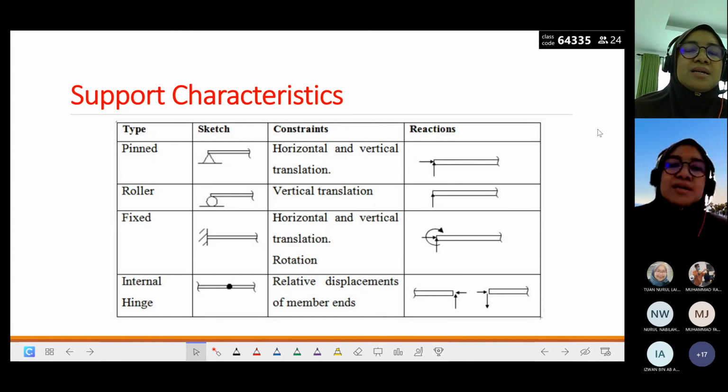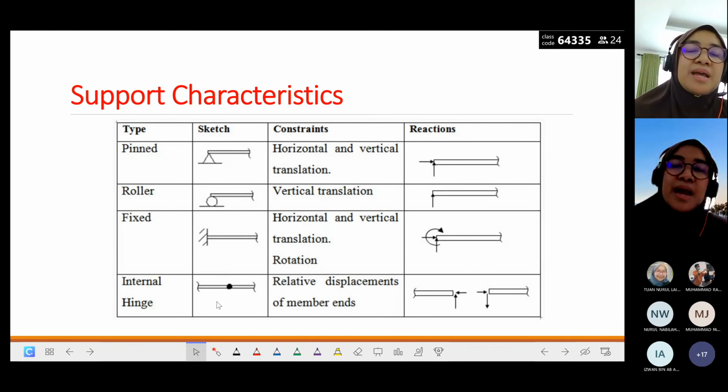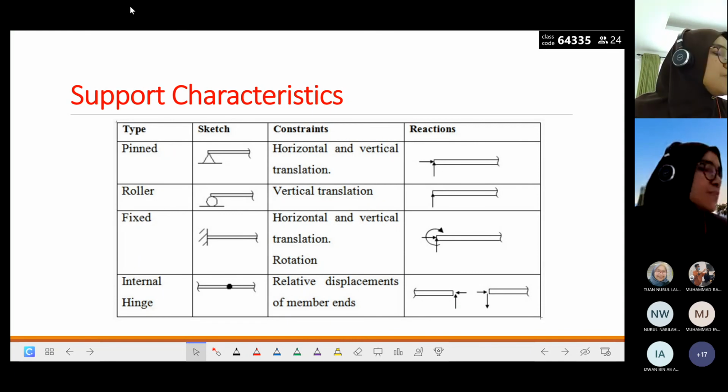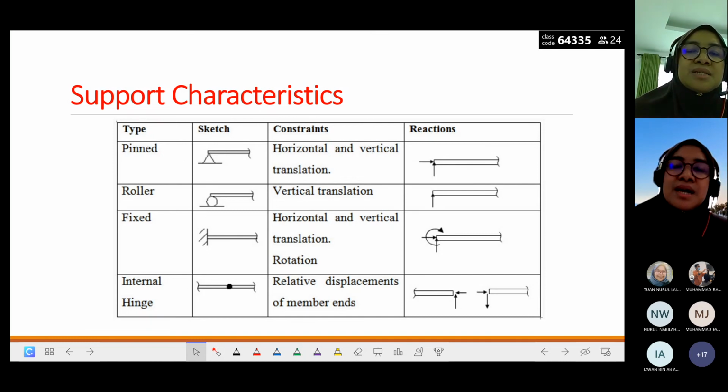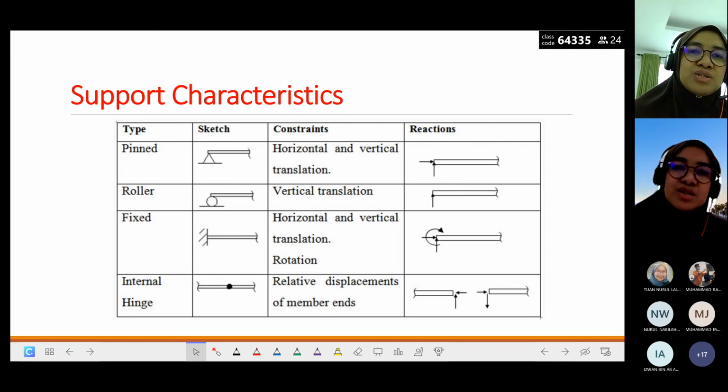So this is the refreshment of the support characteristics. These are all the types of support that you have learned previously. We have the pin support, and for the pin support we have two constraints, which come from the horizontal and vertical directions. For the roller support, only one vertical translation.